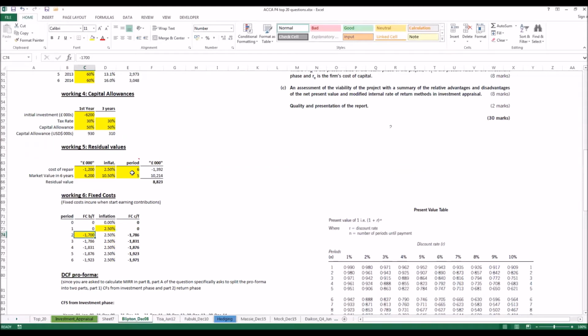So we know that in year 2, we only start paying fixed costs when we start making money out of the hotel. We're told that the hotel is under construction until the second period. So that's when we start deducting 1.7 million fixed costs year on year, and then we inflate it by 2.5%.